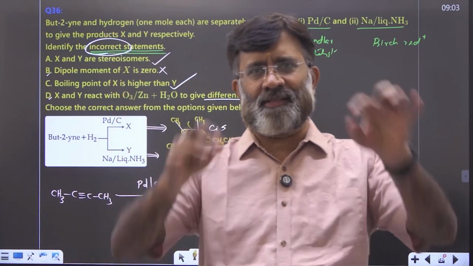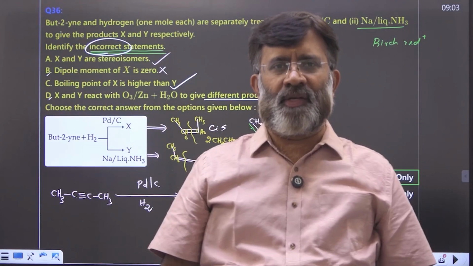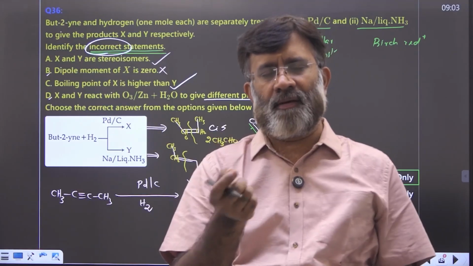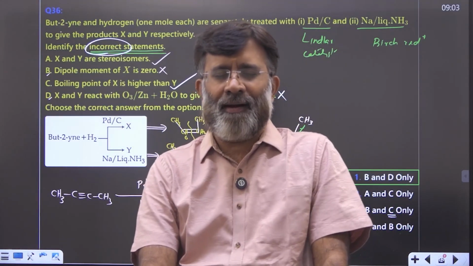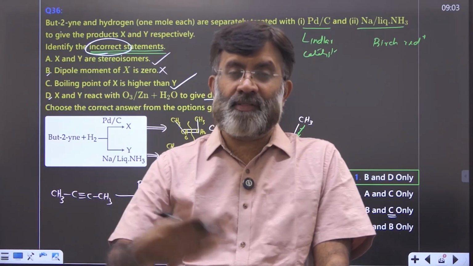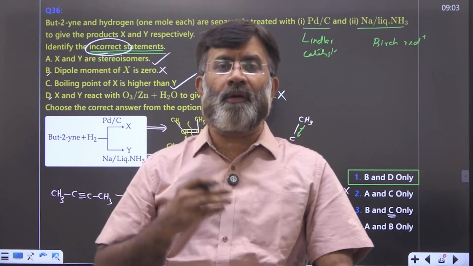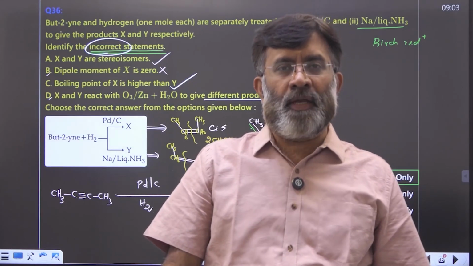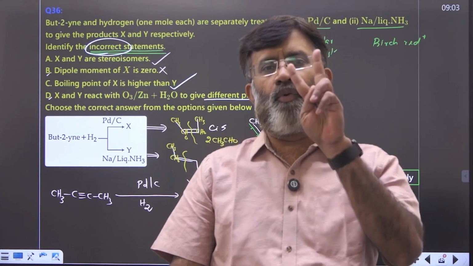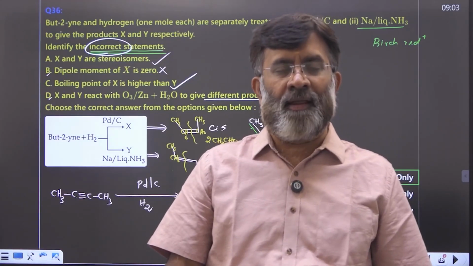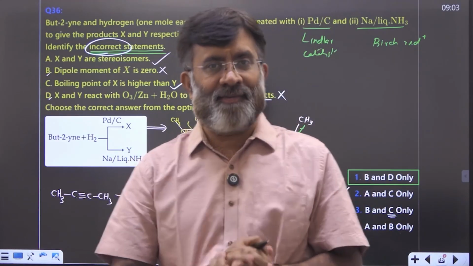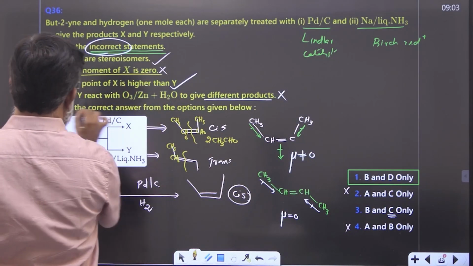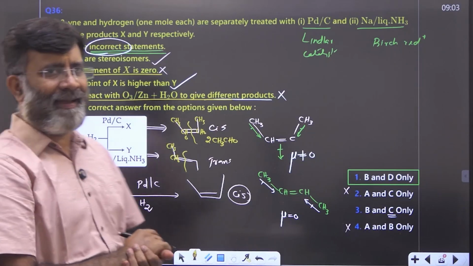Ozonolysis means just breaking the double bond, and on reductive cleavage you get an aldehyde or ketone, according to the nature of the alkene taken. Here it is but-2-ene, and on ozonolysis you get 2 moles of ethanal, whether it is cis or trans. So the incorrect statements are option B and option D, and hence our answer.